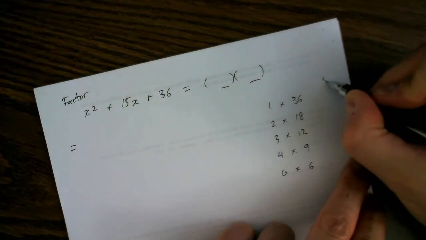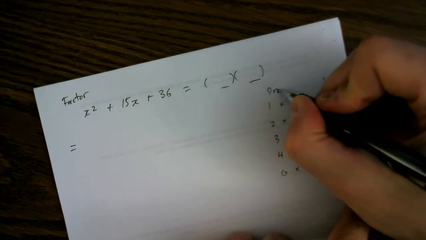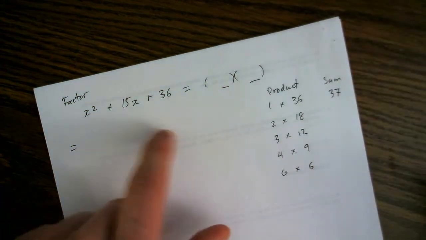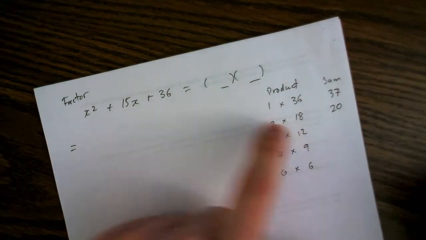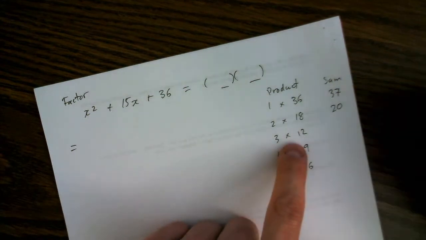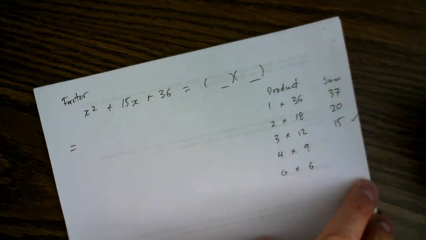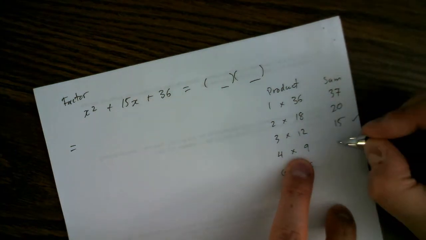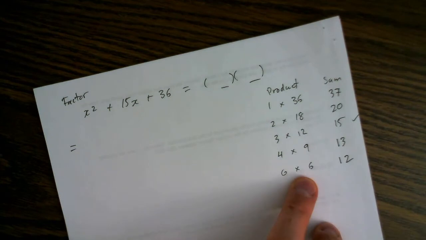They would add to 37. 37 doesn't work. 2 plus 18 would give us 20, that doesn't work. 3 plus 12 would give us 15, so that works. Do any of the other ones work? This is 13, no, and 12.